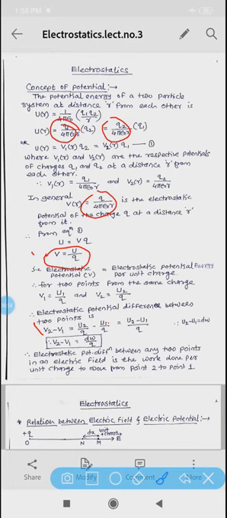Right? This is the concept of potential.